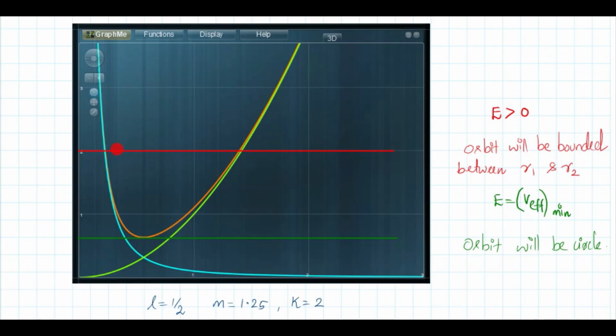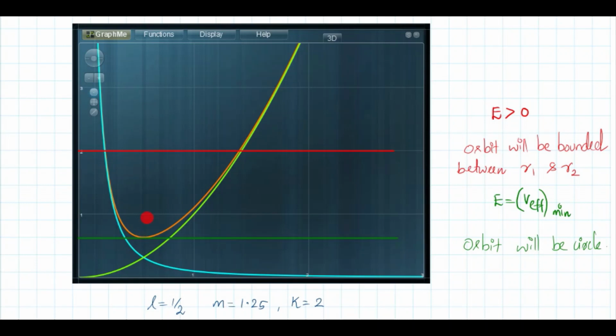And if you consider any energy value above this green one, for this green one, the only possible trajectory is a circle, because this r value is possible, energy is equal to V effective minimum, but beyond this r value, V effective is greater than total energy. Below this r value also, V effective is greater than total energy, and they are not physically possible. So the particle can move in a circular orbit.